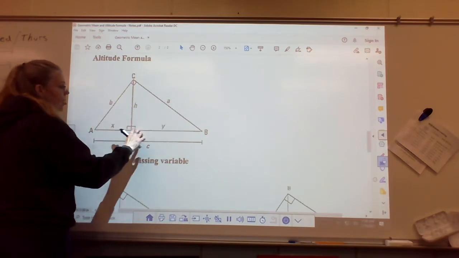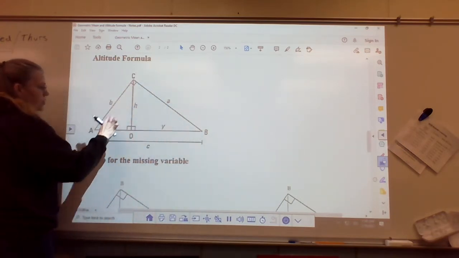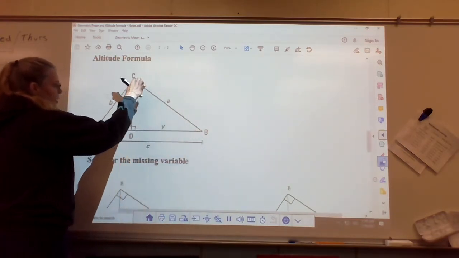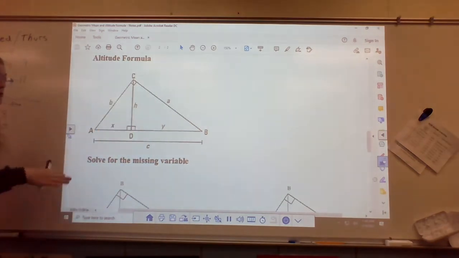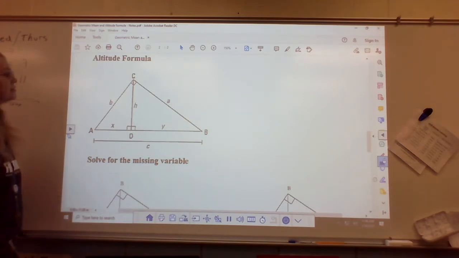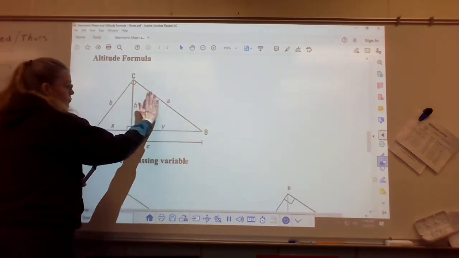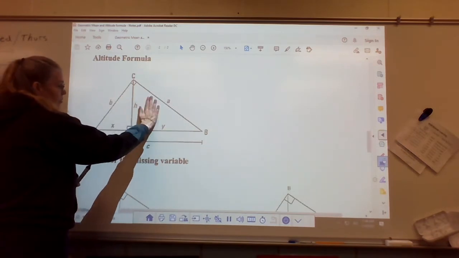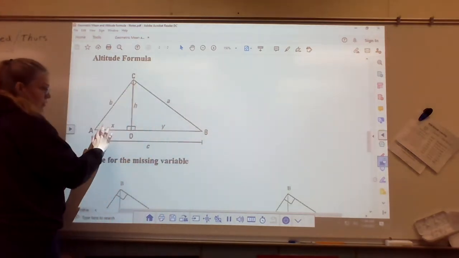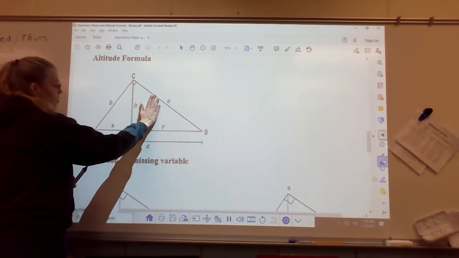It turns out that all 3 of these right triangles, the big one, the middle one, and the little one, are all similar. Today we're only going to be focusing on the little guy and the medium guy. We're not looking at the big one yet. We're looking at the left side and the right side.